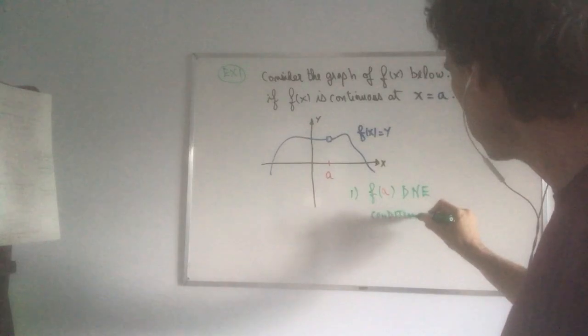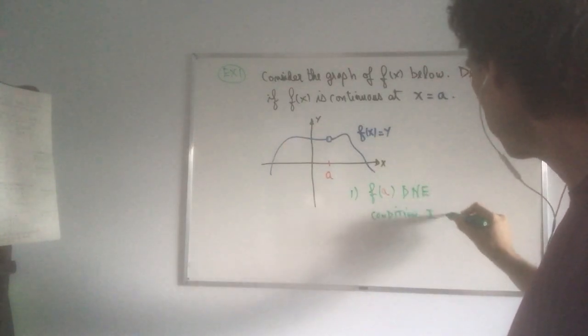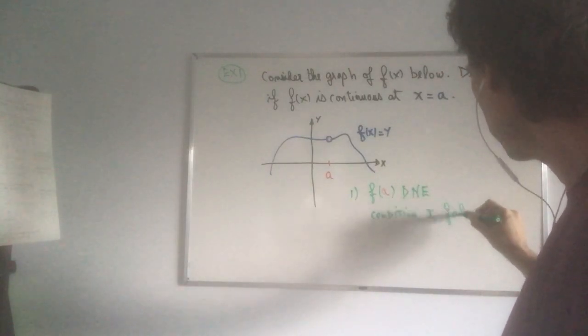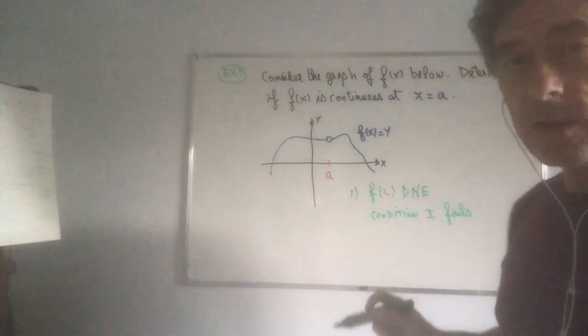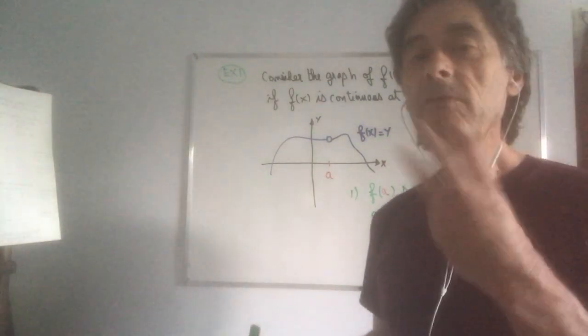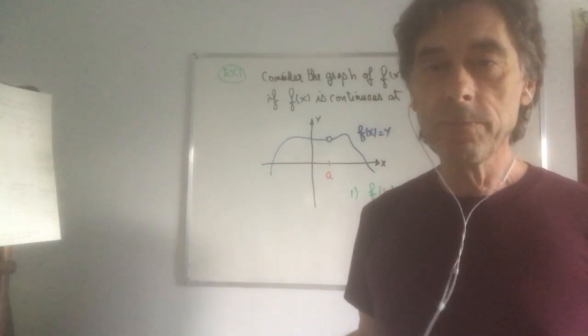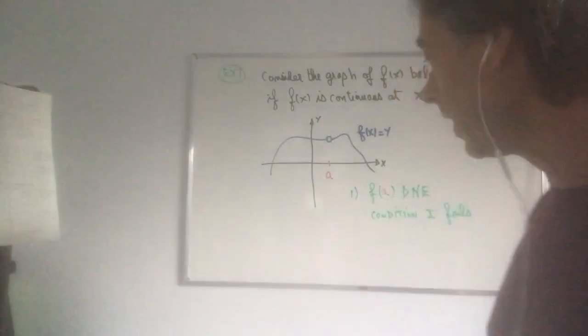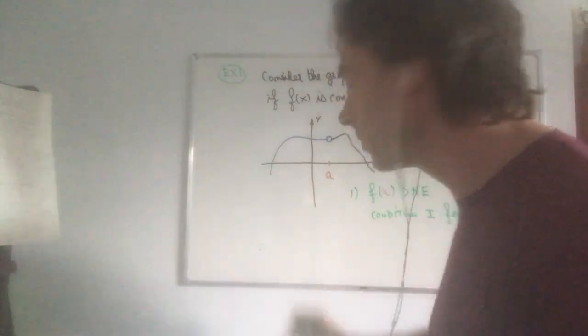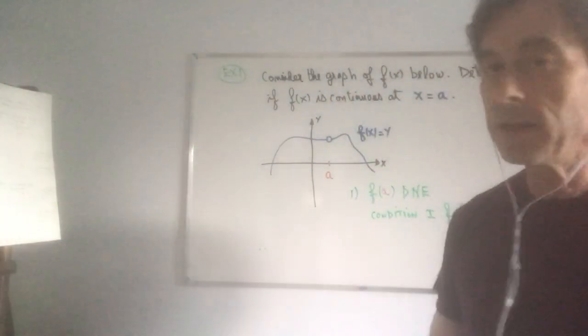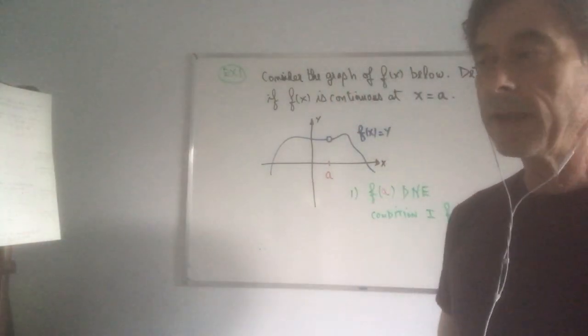Now remember, for f of x to be continuous at A, I need all of my 3 conditions to hold. If one of them doesn't hold, do I need to check the other 2? No, I can stop right here. I don't need to check conditions 2 and 3 because condition 1 is not working out.